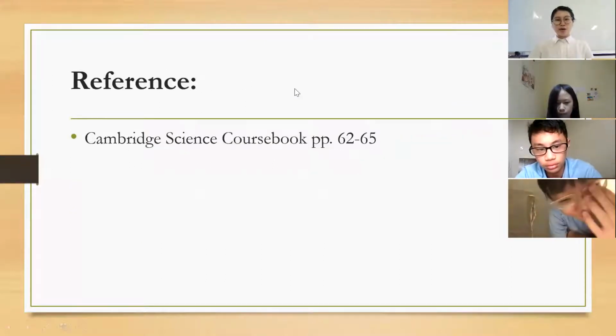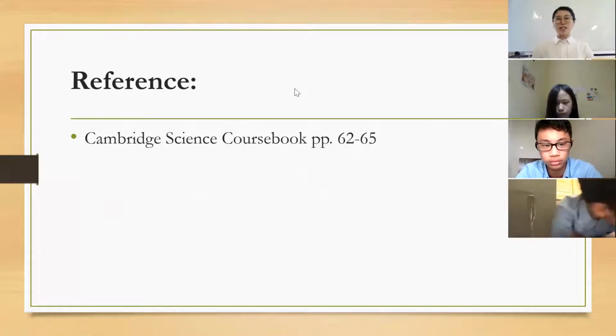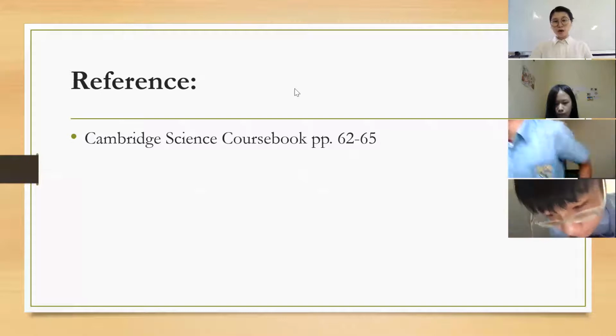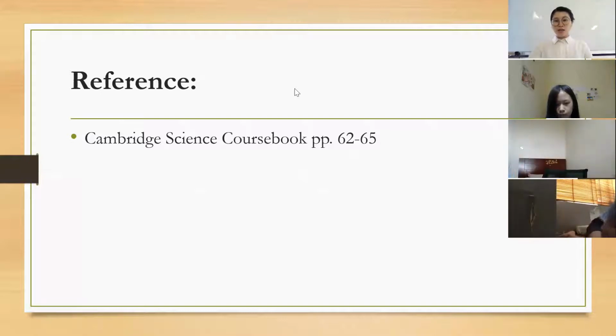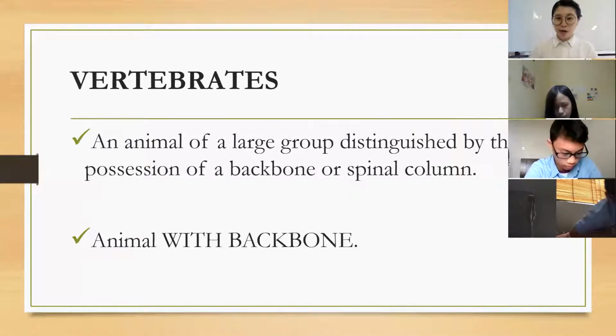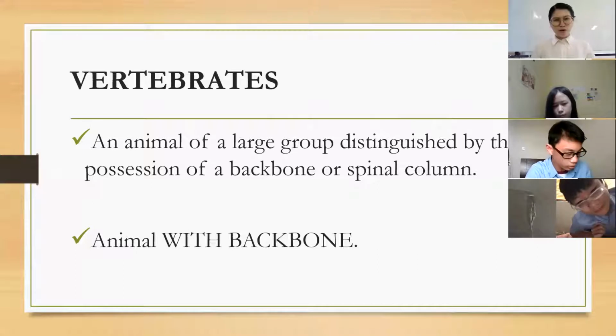For our reference, for our topic today, you can refer to your Cambridge Science course book, found on pages 62 to 65. You can try to open your Cambridge Science course book. Before we start, we are going to define what a vertebrate is.